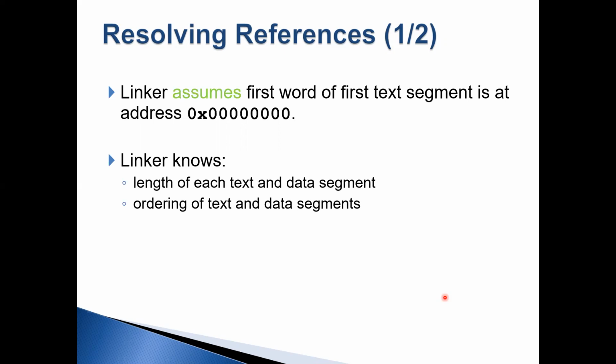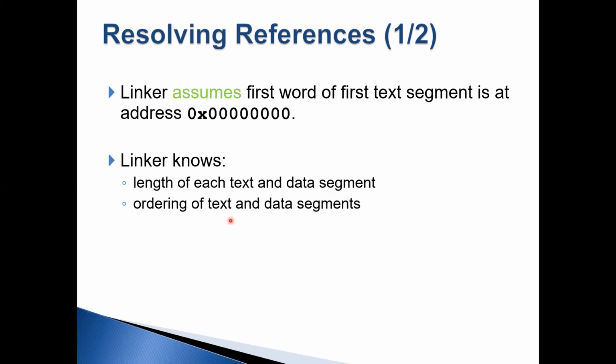And since the linker knows the information of every single object file, it knows how big each object file is, how many lines of code each object file has, as well as how many lines of data segment, and the order of the text and data.